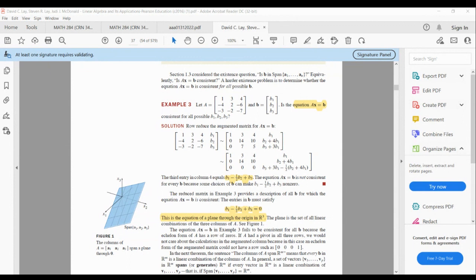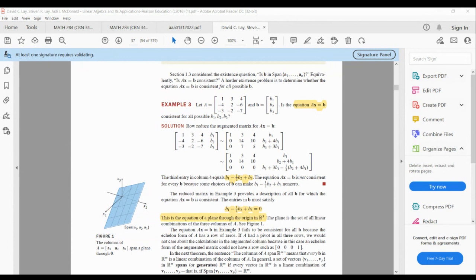So the coordinates of the vectors have to obey the equation b1 minus 1/2 b2 plus b3 equals 0 for the system to be consistent. Well, what's that going to trace out in three-dimensional space? That's going to be an equation of a plane passing through the origin.